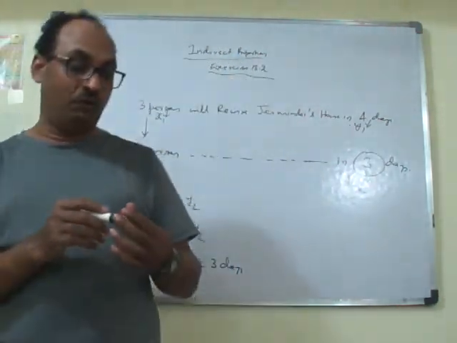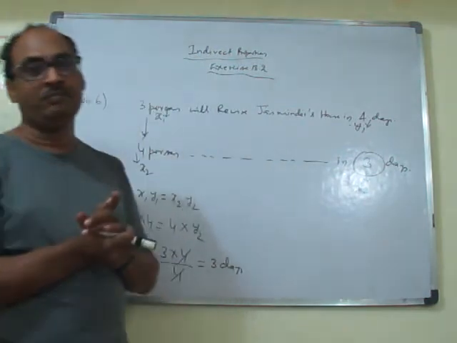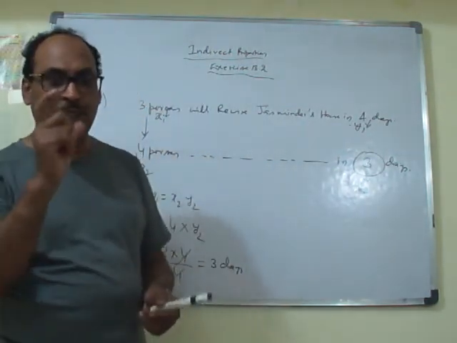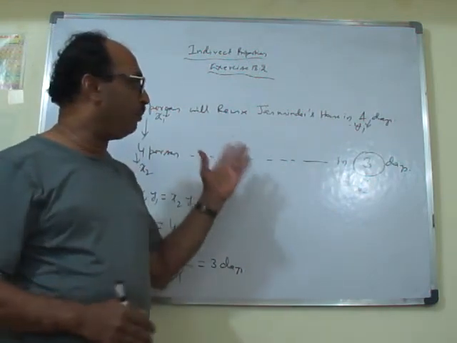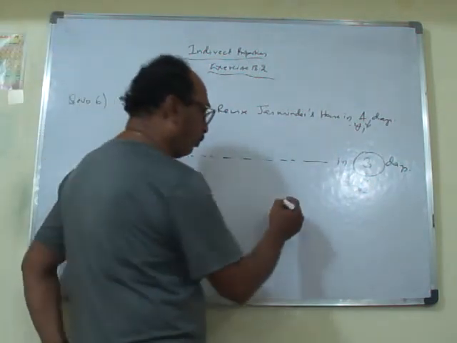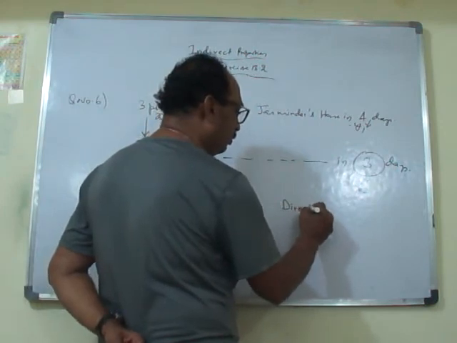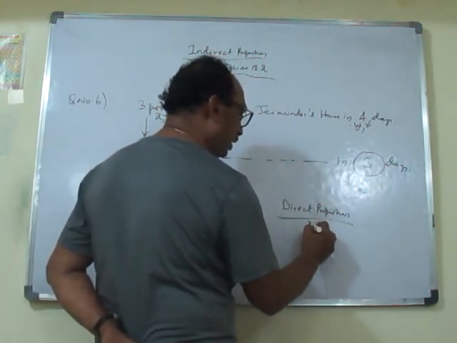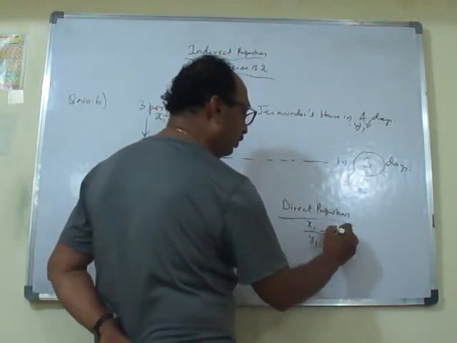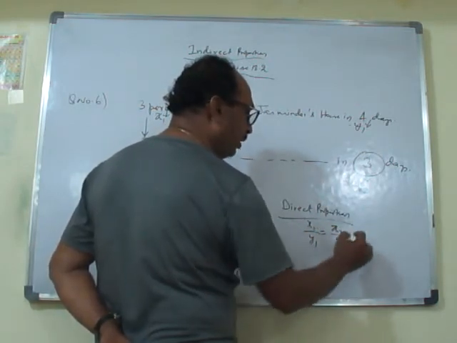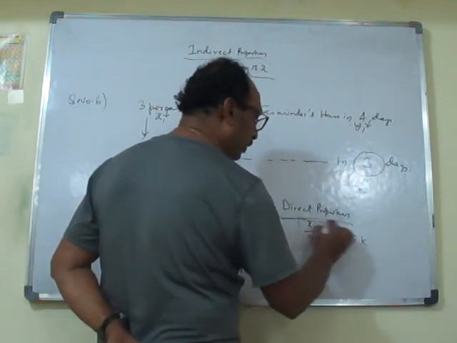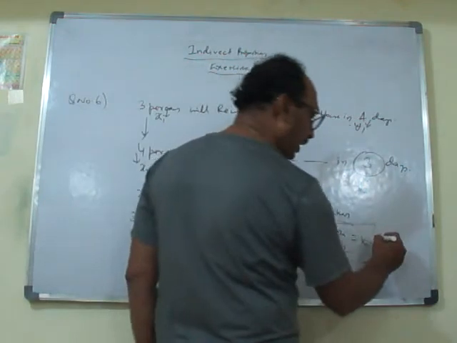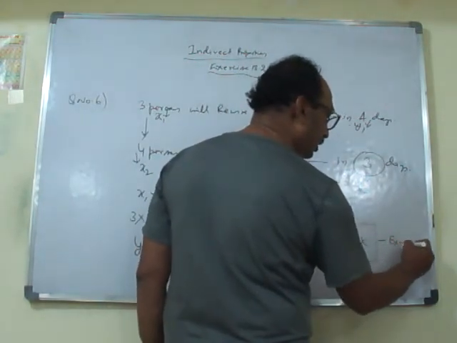So what have we found? We have found that questions are easy, not tough. Just the concept we have to apply. And when we apply the concept of direct proportion, what is that concept? x1 by y1 is equal to x2 by y2 is equal to k. This concept was there for direct proportion, and we solved all questions in exercise 13.1.